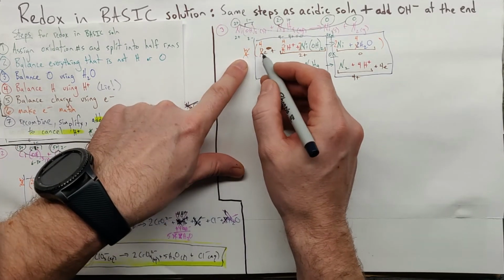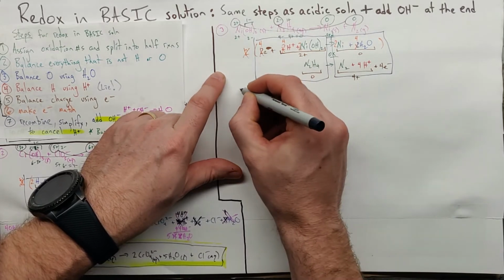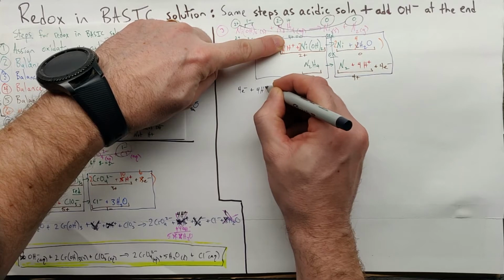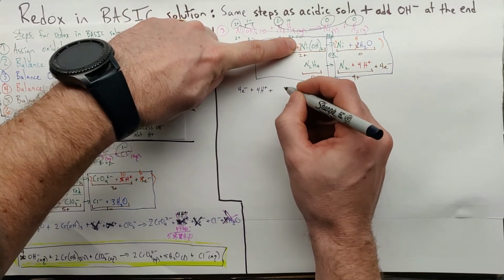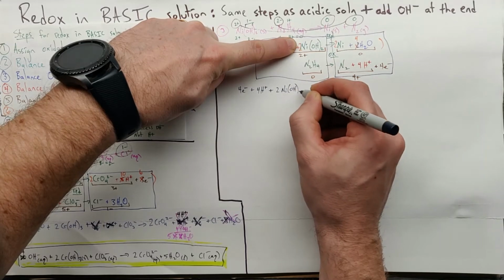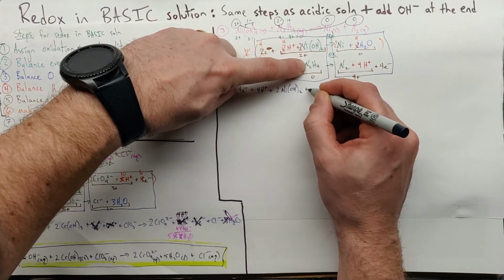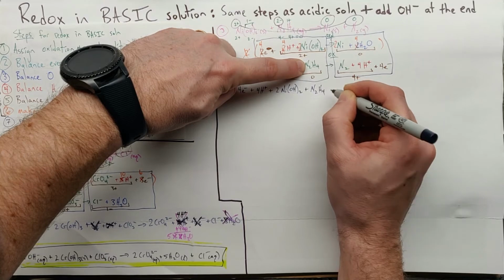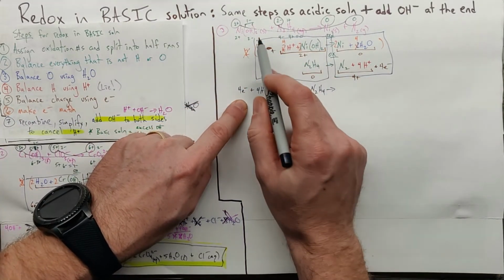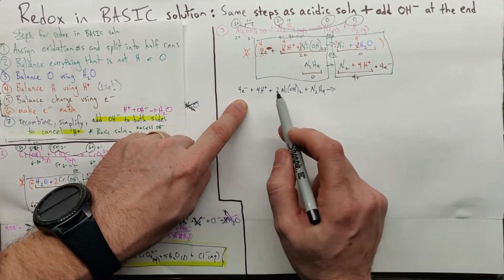And we've got 4 electrons to start with, and 4 H+, 2 nickel, 2 hydroxides, and N2H4.